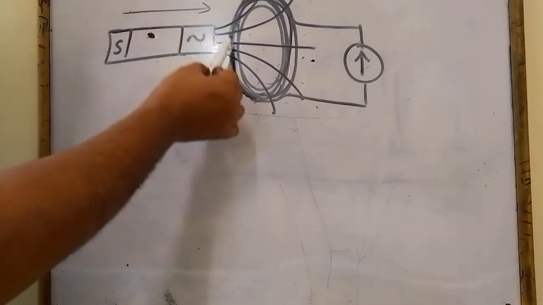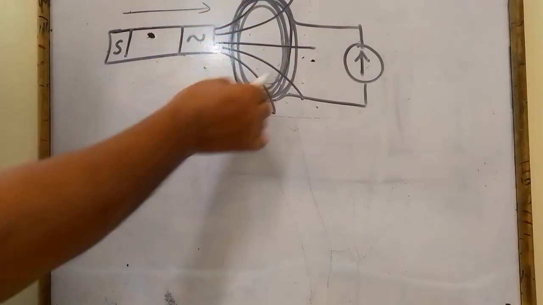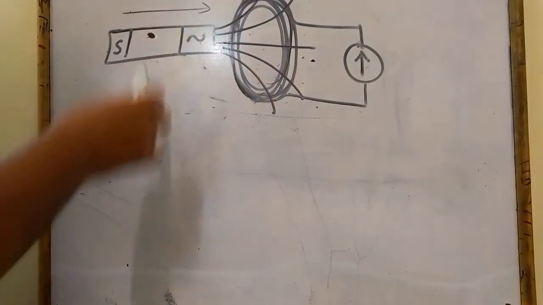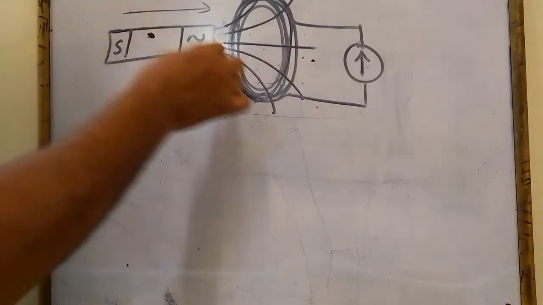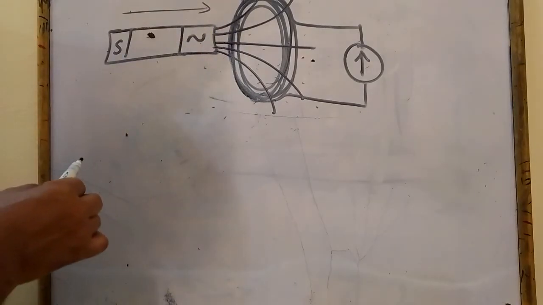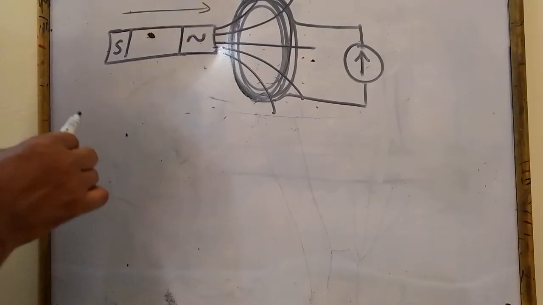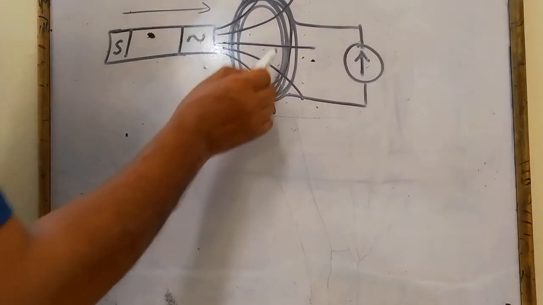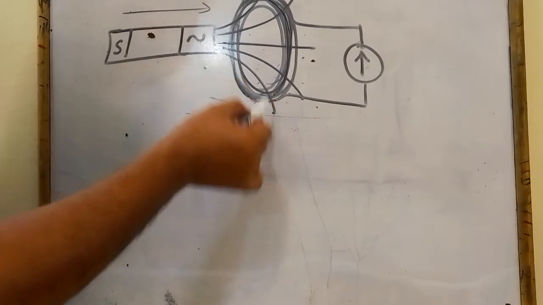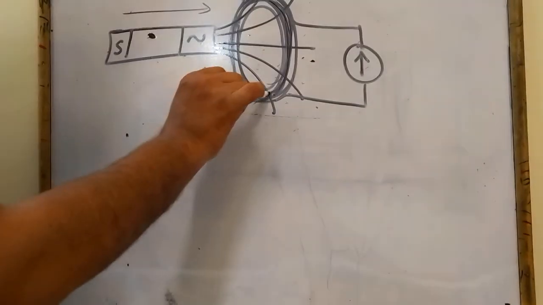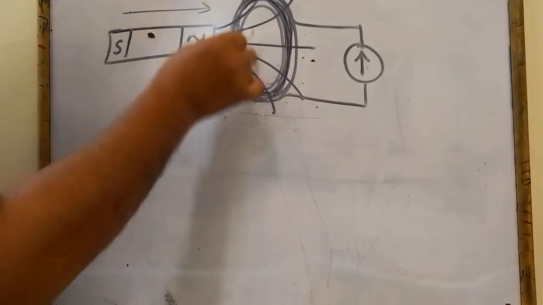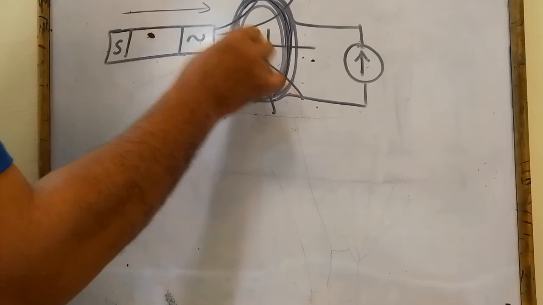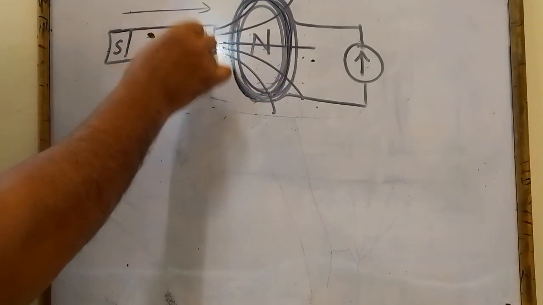So this changing magnetic flux will induce a current in this coil, and because of that current induced in the coil, we have already discussed a concept of electromagnetism in the previous chapter. So this induced current in the coil will induce an additional magnetic field across this coil, and that magnetic field will behave to oppose the motion of the bar magnet towards the coil.